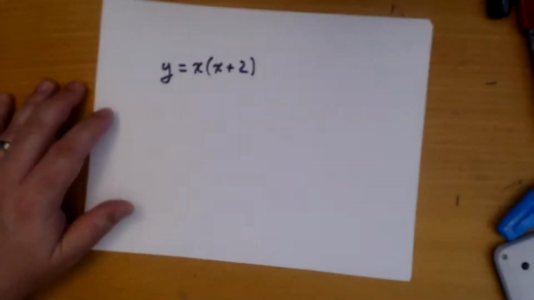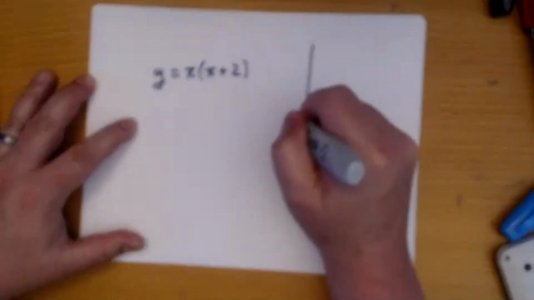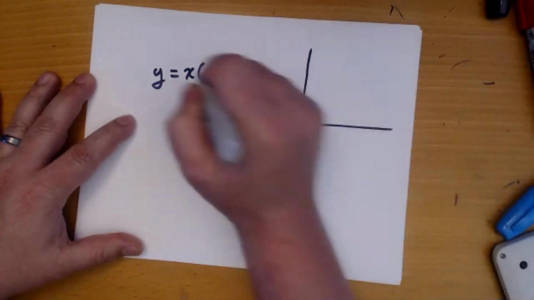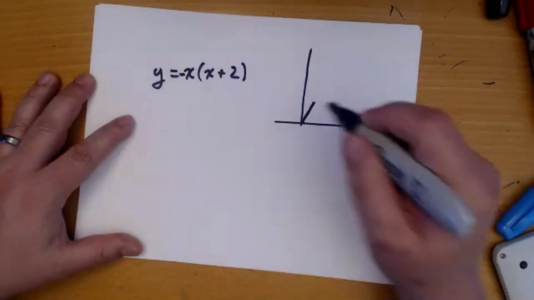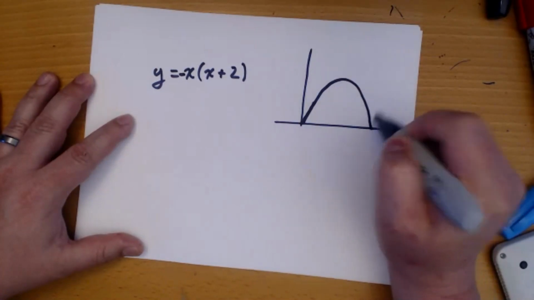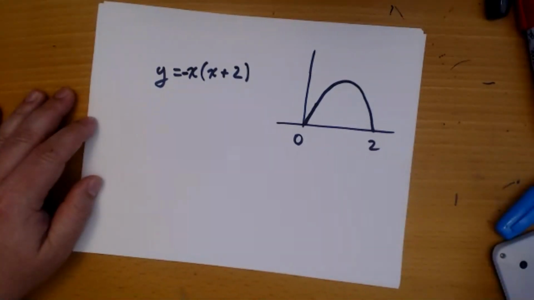So that will be my function. And this guy is a parabola. I'm going to put a negative sign on it.